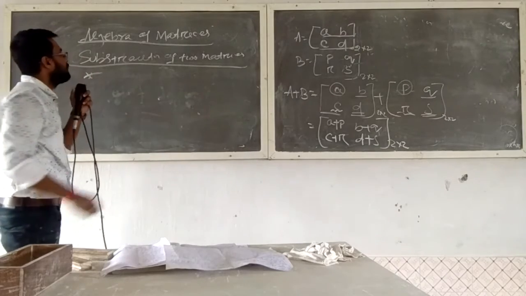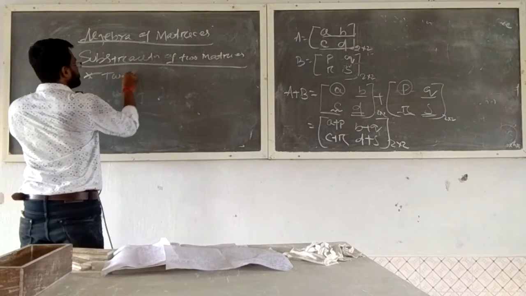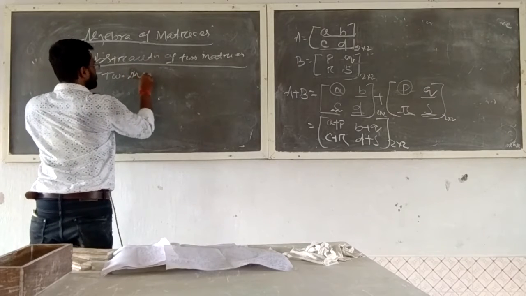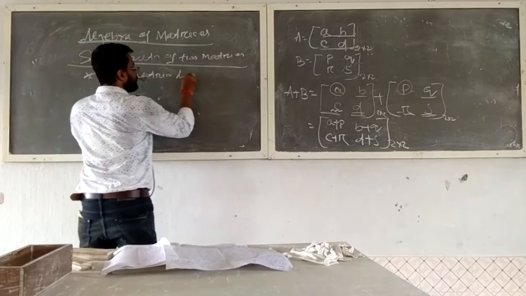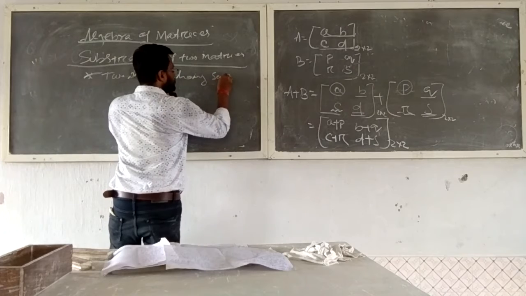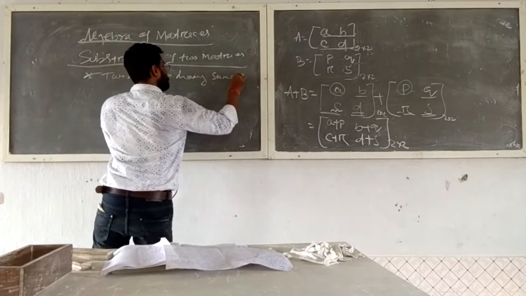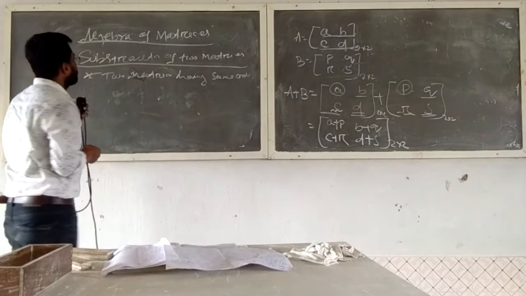The condition is also that the two matrices have the same order, then it is possible to subtract.